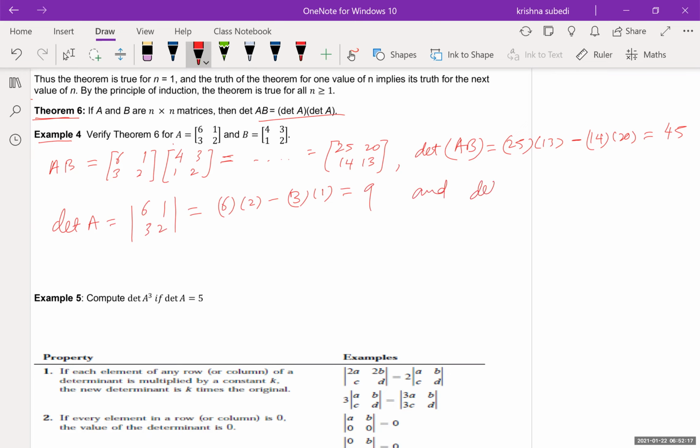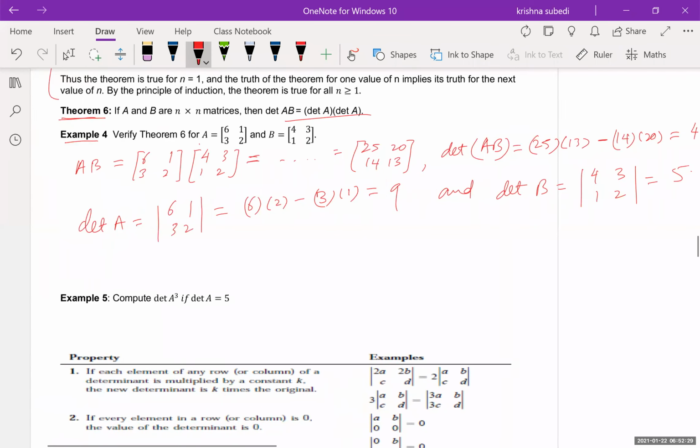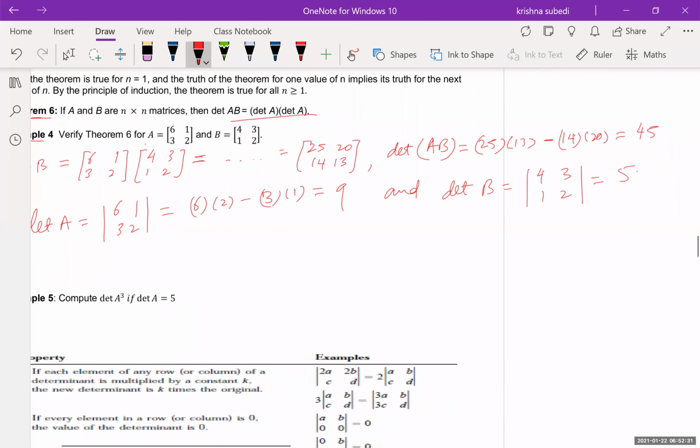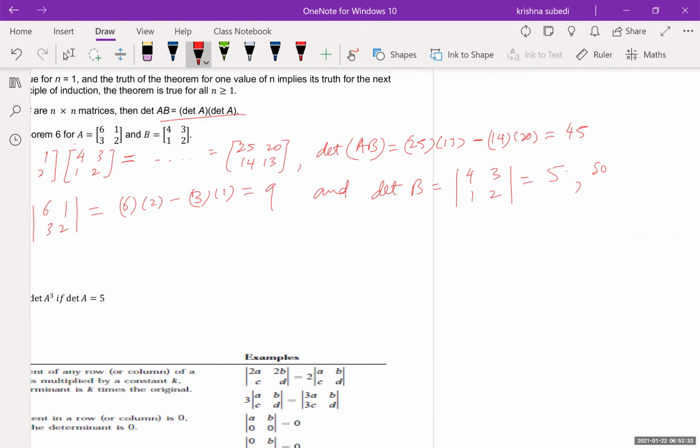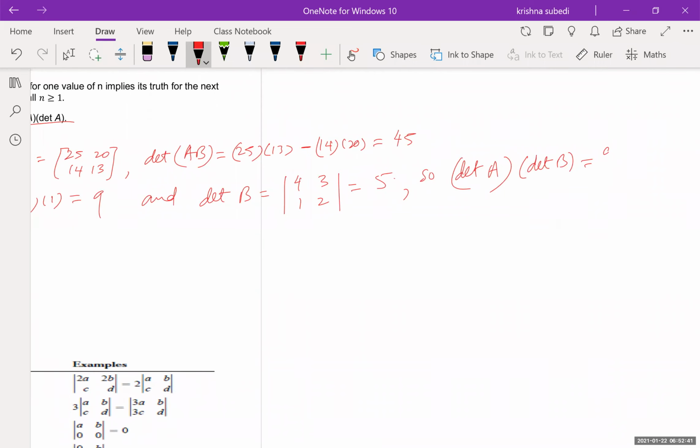And the determinant of B is going to be 4 times 2 minus 3 times 1, which is 8 minus 3, which is 5. So the determinant of A times the determinant of B equals 9 times 5, which is 45.